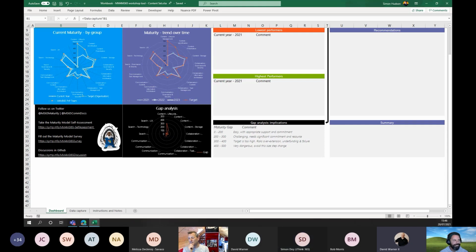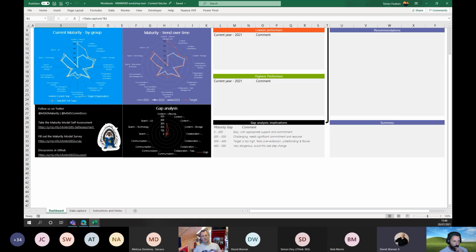So I have run this with enterprises, not this model because this one's brand new for 365, but its predecessor. I've run with organisations in the 10 to 12,000 person range, and you can make it work. In my experience, you've just got to be quite persistent at getting the organisational buy-in and then being selective. You clearly can't do it with everybody.